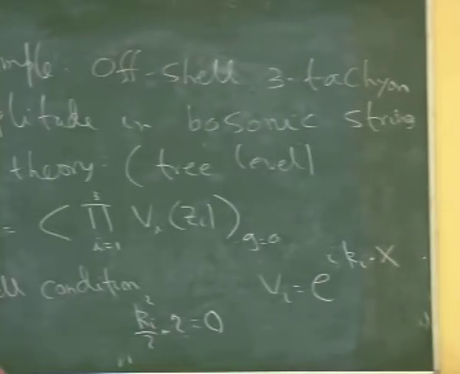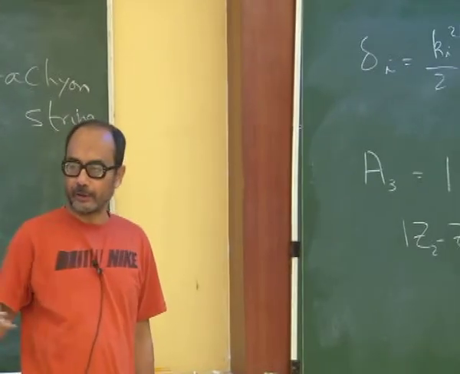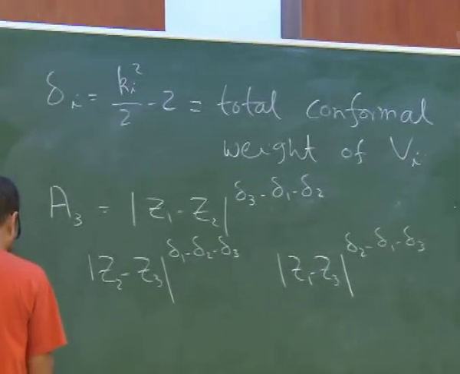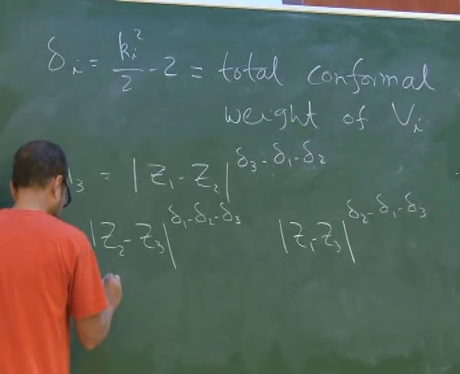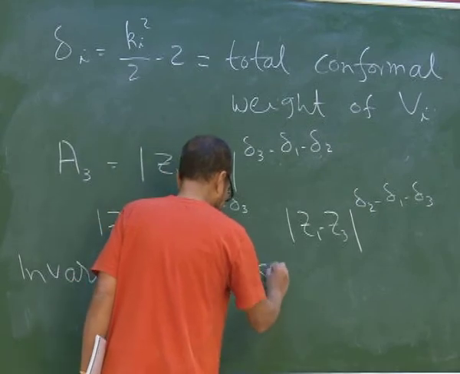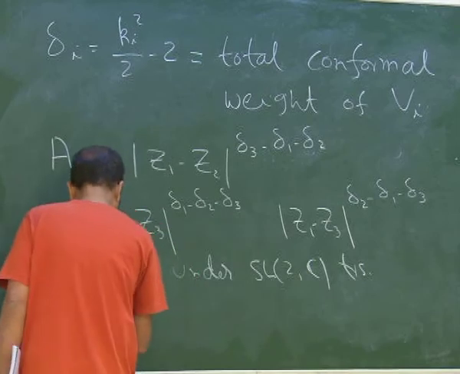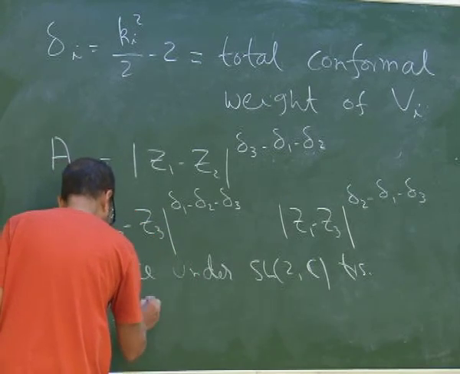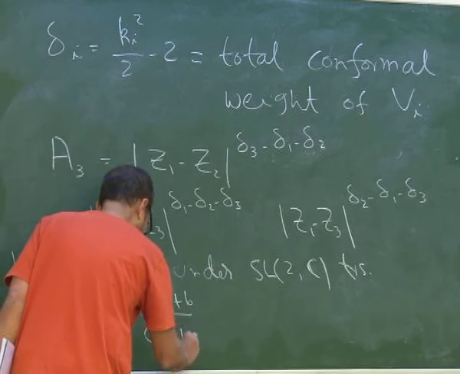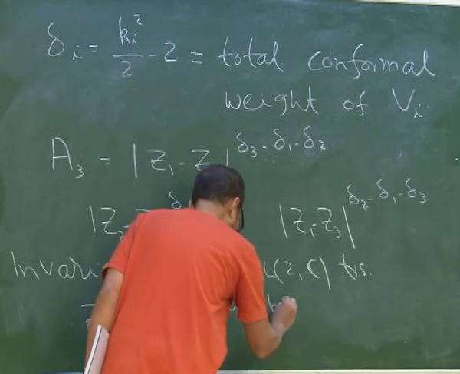On shell, this 3 tachyon amplitude, or in fact any general amplitude on a genus 0 surface, is supposed to be invariant under SL(2,C) transformations, under which each z_i goes to (A z_i plus B) over (C z_i plus D), with AD minus BC equal to 1.